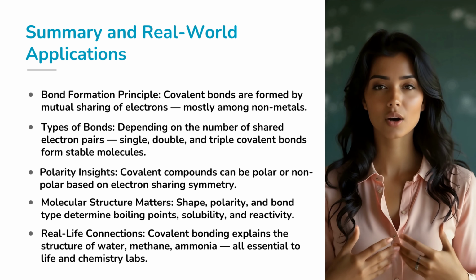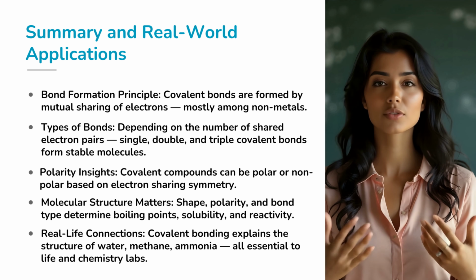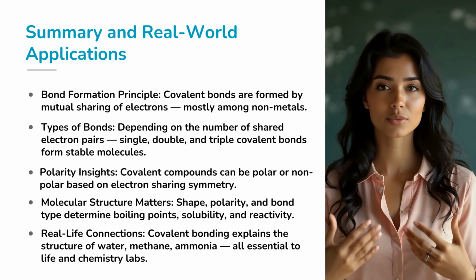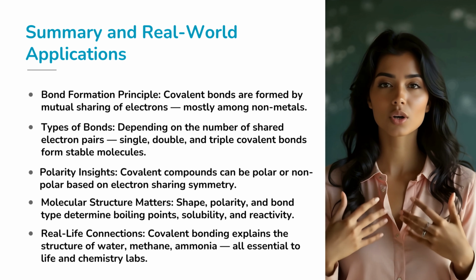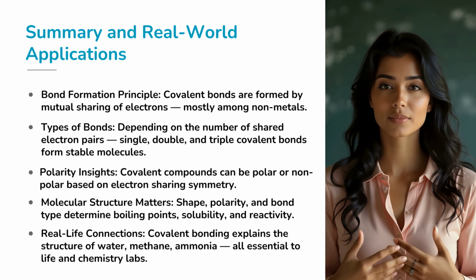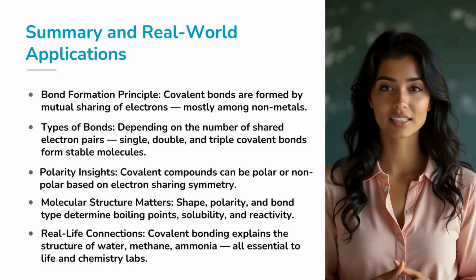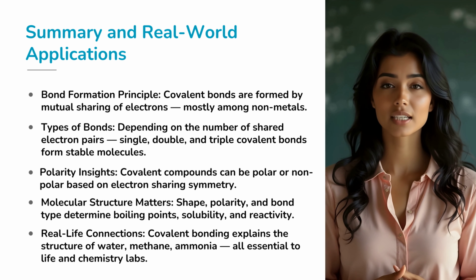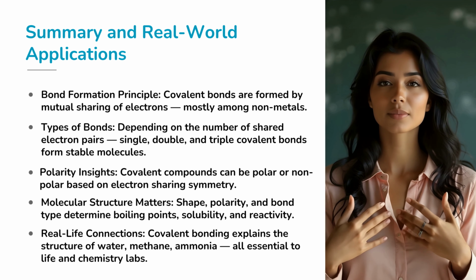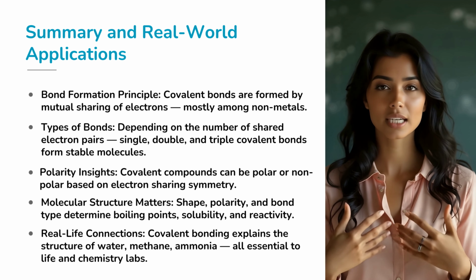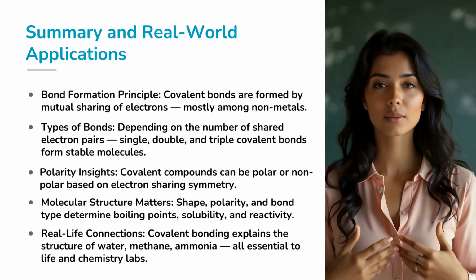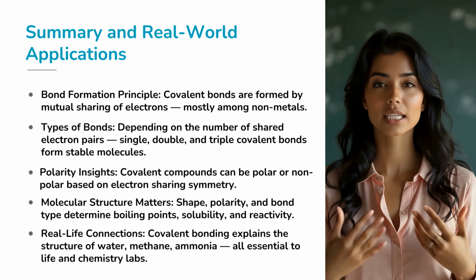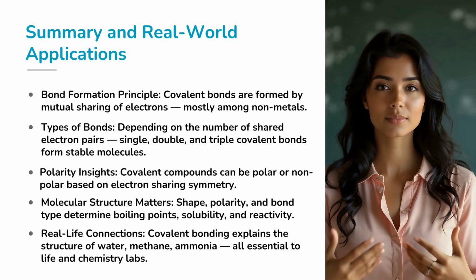We explored how similar and dissimilar atoms form covalent compounds, from simple hydrogen gas to polar water molecules. We understood covalency as the number of shared electron pairs, fixed for most elements like carbon and nitrogen. And we classified covalent compounds into nonpolar and polar based on the symmetry and electron distribution.